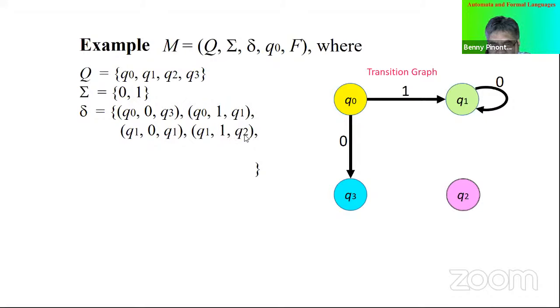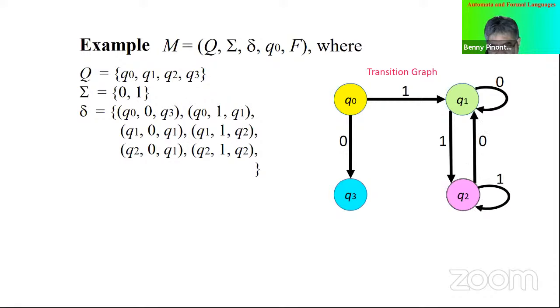And Q1 with 1 going to Q2. In the graph, it looks like this. Q1 with 1 is going to Q2.